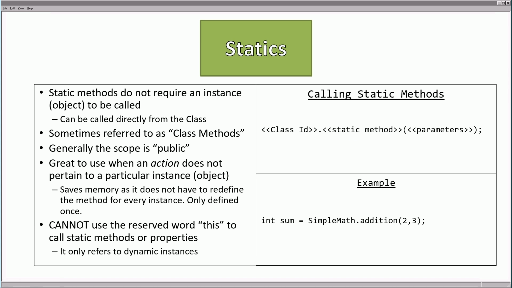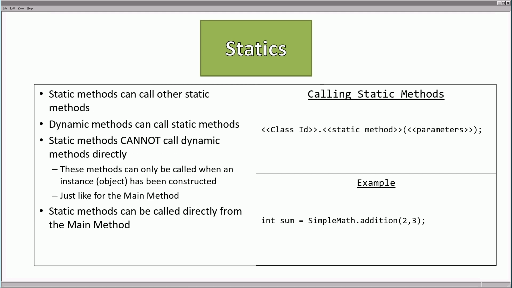Going back to the previous example that we just saw, if we assume that the name of the class was SimpleMath, we can just call addition from that. We didn't have to create SimpleMath s is equal to new SimpleMath and then s dot addition. We just call the method from the class identifier itself. And once again, this is why static methods are sometimes referred to as class methods, because they can be called directly from the class, and not an instance of a class, in other words, an object.